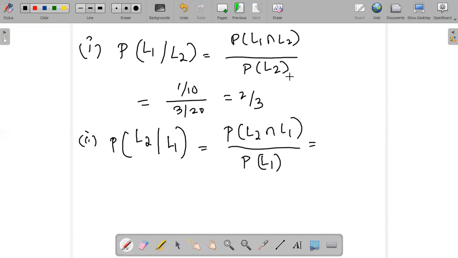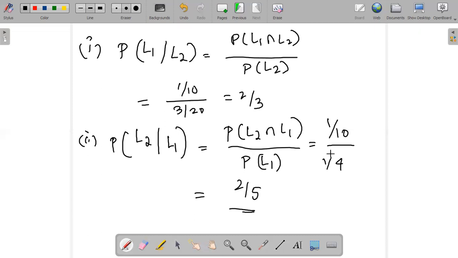Now again, L1 intersection L2 is the same as L2 intersection L1. So this is 1 by 10 over 1 by 4, so you got this as 2 by 5.